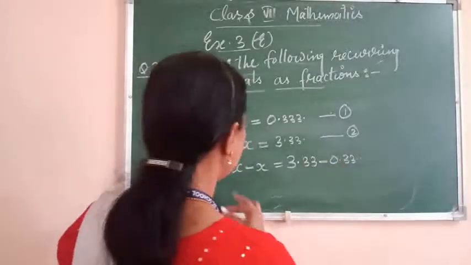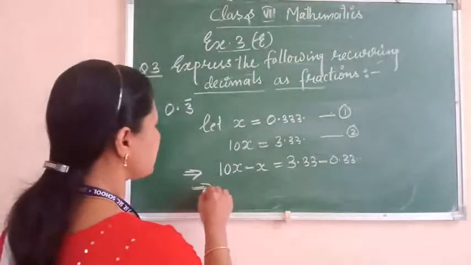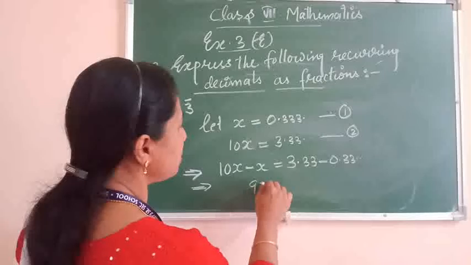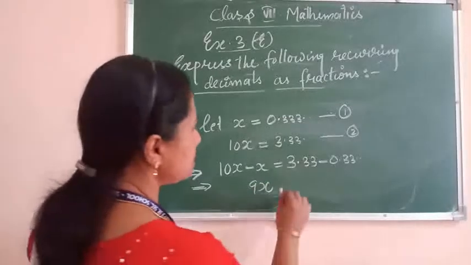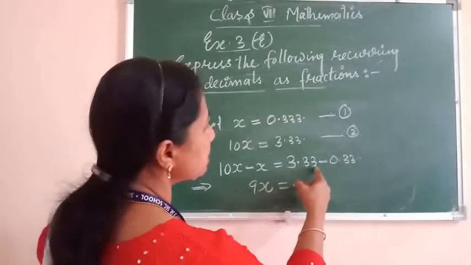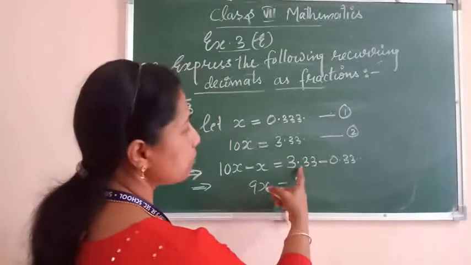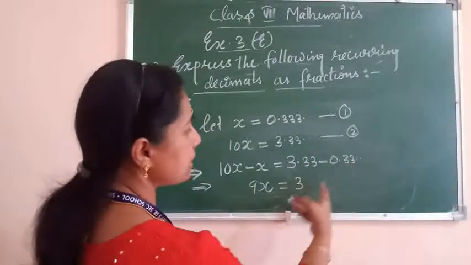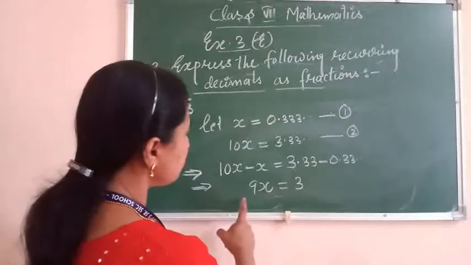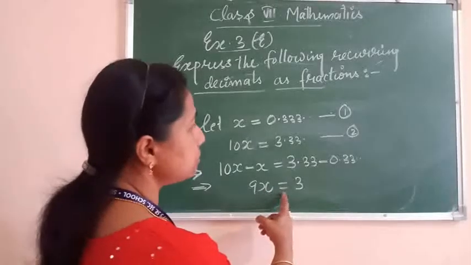After subtracting, 9x is equal to 3.33 minus 0.33, which is 3. Now your equation is 9x is equal to 3.